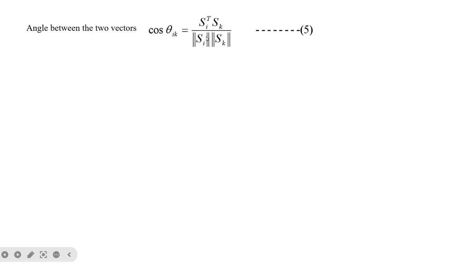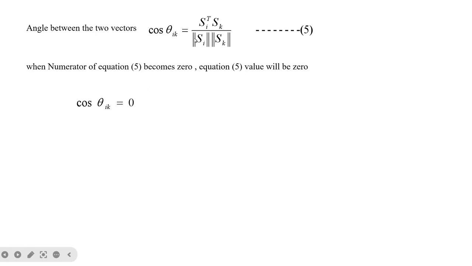Now when we make the numerator of this equation 0, that is the transpose of Si times Sk, what will we get? We'll get cos θik equal to 0, as we have made the numerator 0. So equation 5 will be cos θik equal to 0.